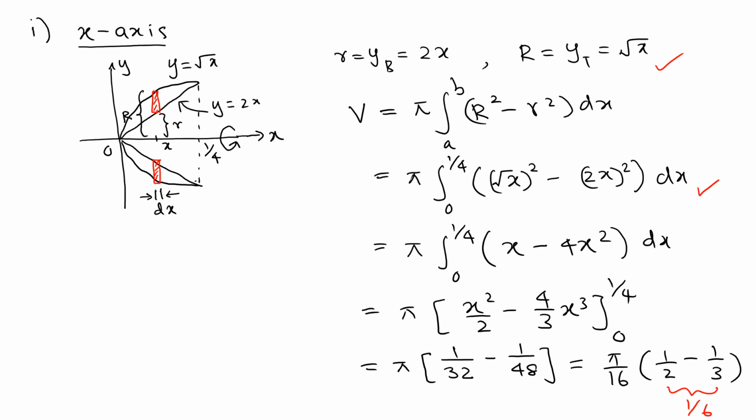So that means it is going to be 16 times 6, which is 16 times 5 is 80, so you add one more 16, 96. That means it's going to be pi over 96. This is the volume, so we write units cubed. So that's how you completely solve the problem.